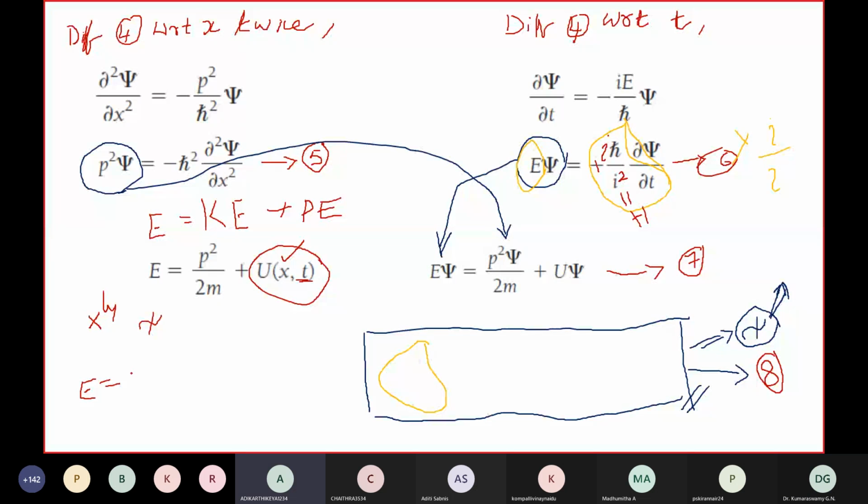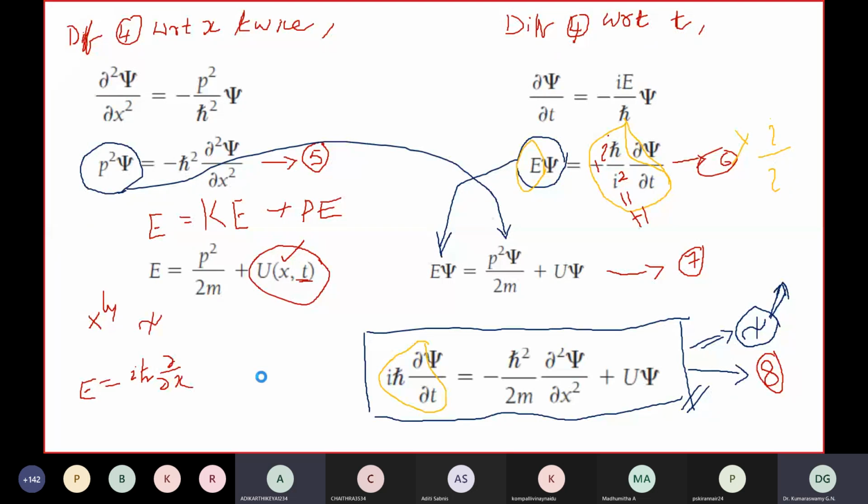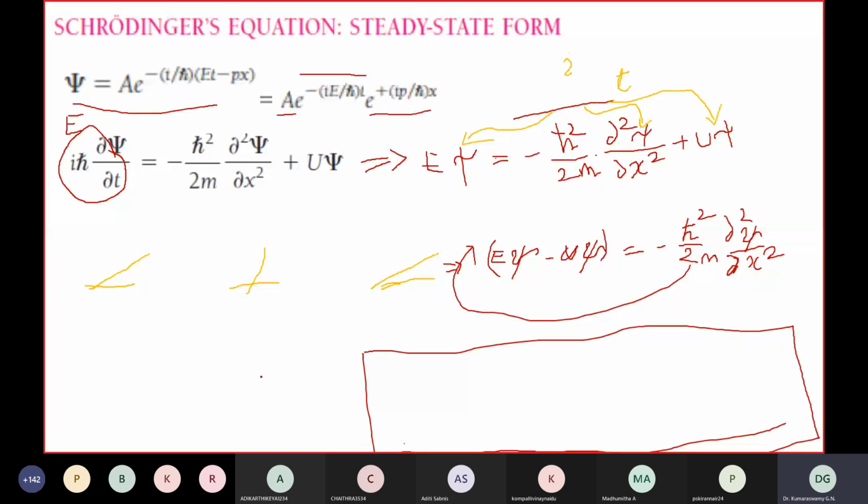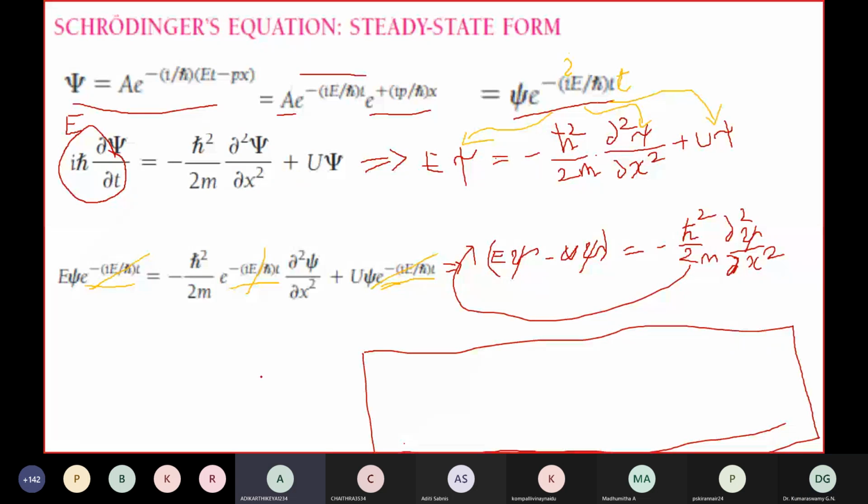Sir, also when substituting 9 in 8, you have done the differentiation of the ninth one? No, I don't have to do the differentiation. This one you are saying, this left side equation that came. I substitute this whole part instead of psi.